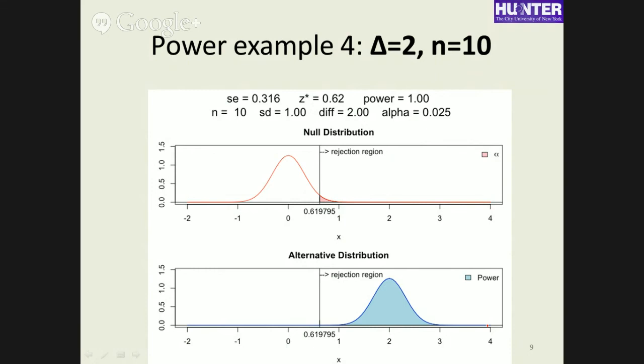Yes, for the study design. Is that what you're doing? Yes. So it's a clarification from the audience of what the power is for, and it is for study design.